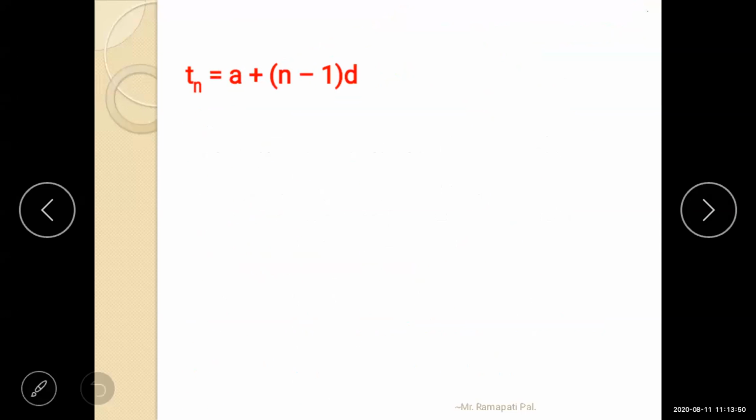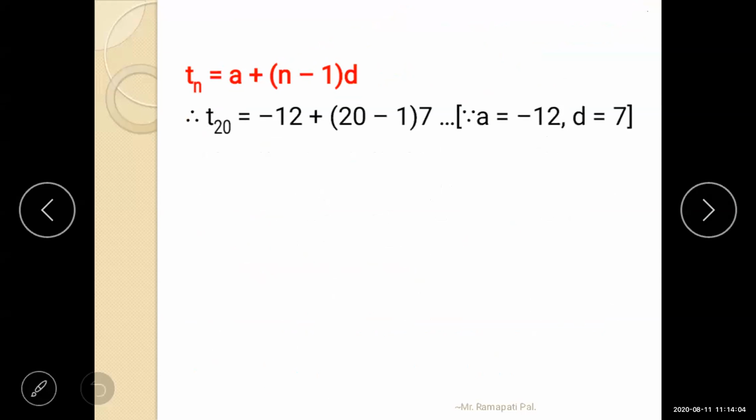Now we have to find out the 20th term. So to find the 20th term, we are going to use the formula Tn equal to A plus n minus 1 D. Is it clear? So T20 is equal to, we know the value of A, which is equal to minus 12. D is equal to 7.